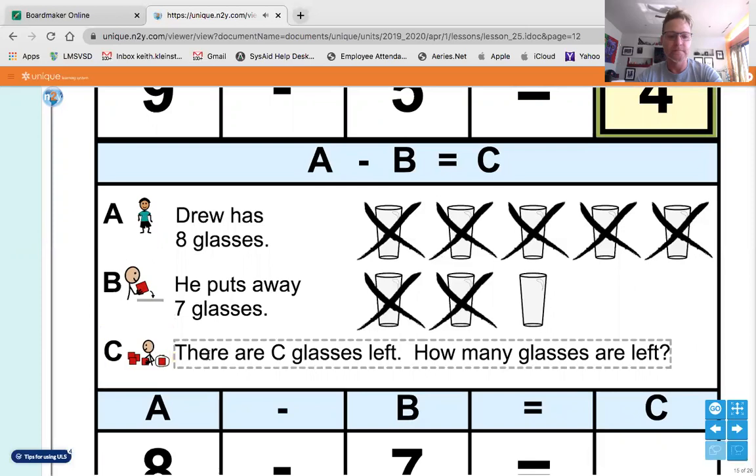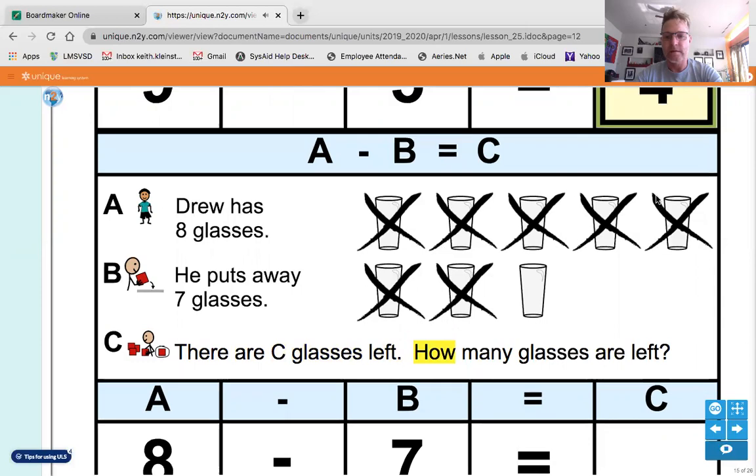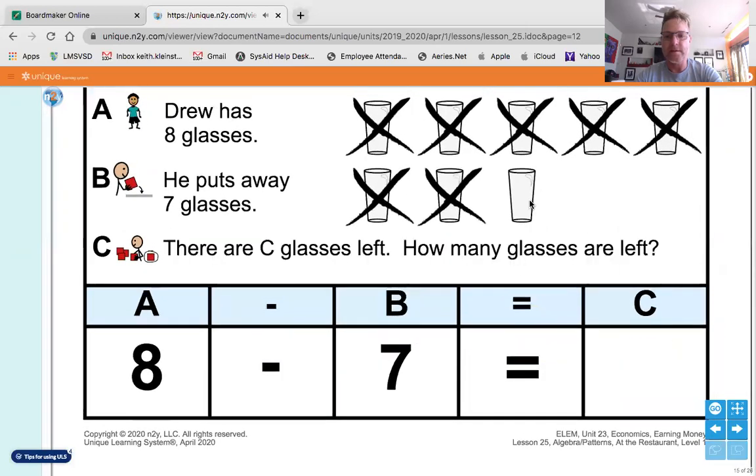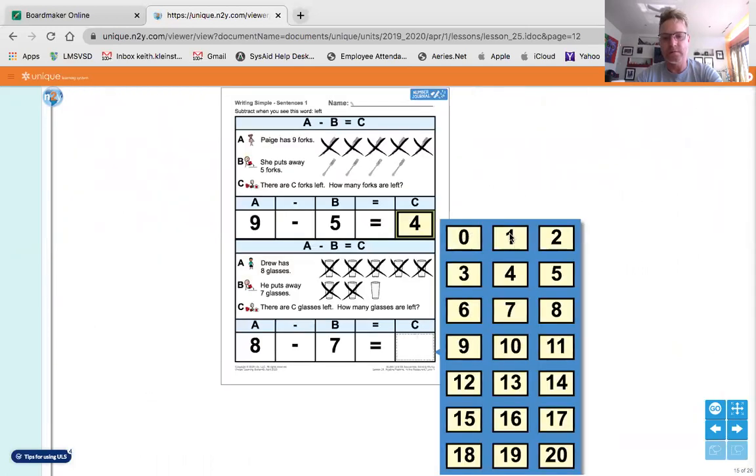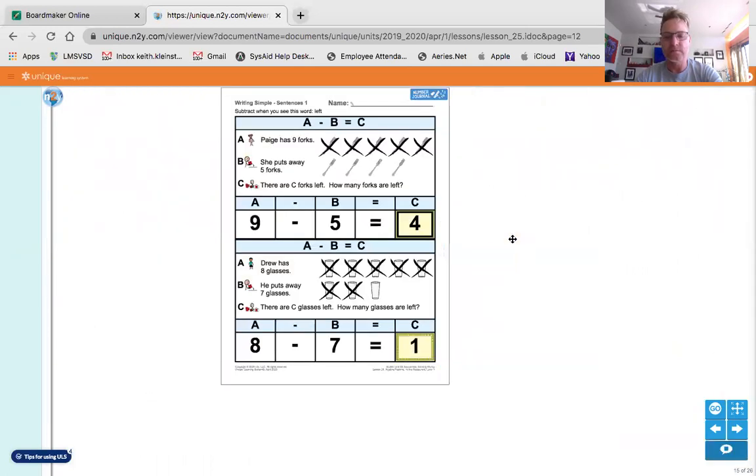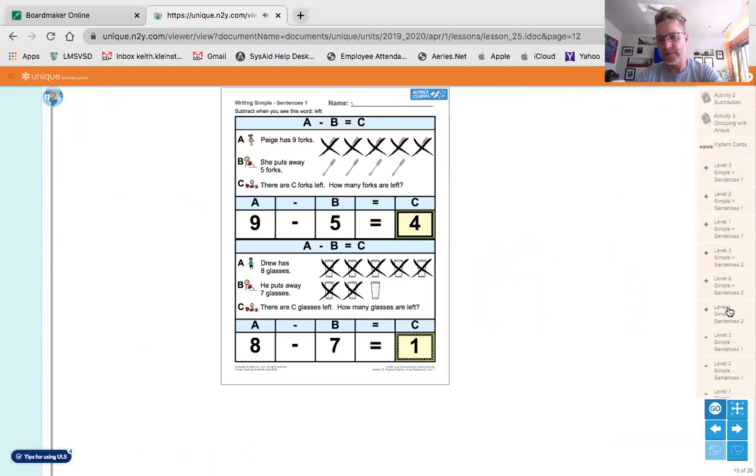C. There are C glasses left. How many glasses are left? So the glasses that are not X'd out is right here. 1. So 8 subtract 7 equals 1. Okay, let's go to the next one.